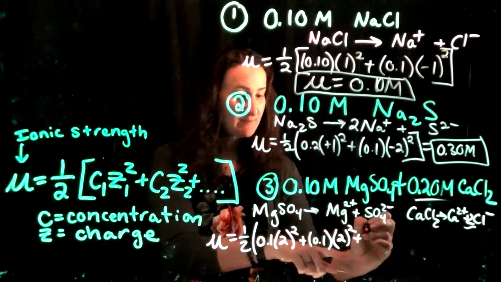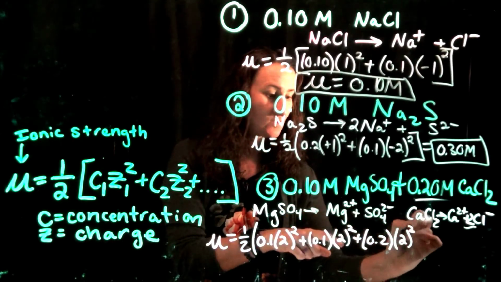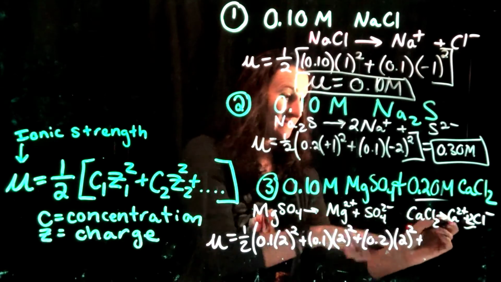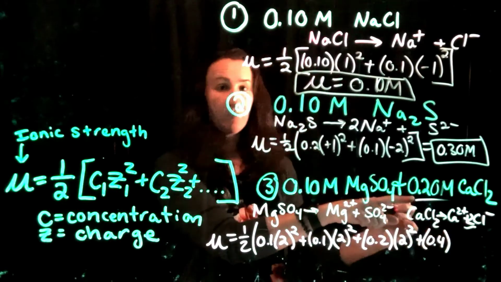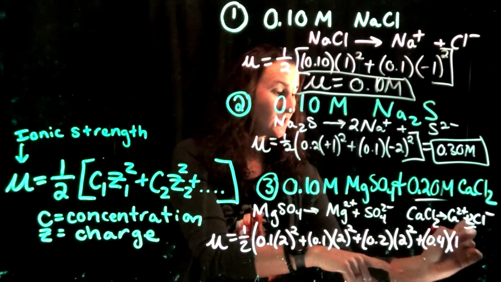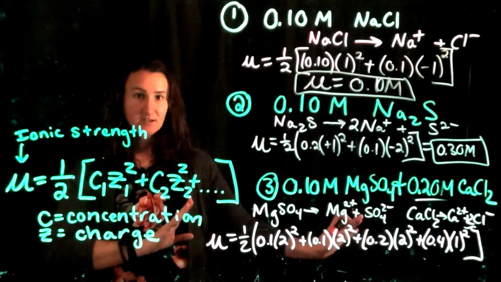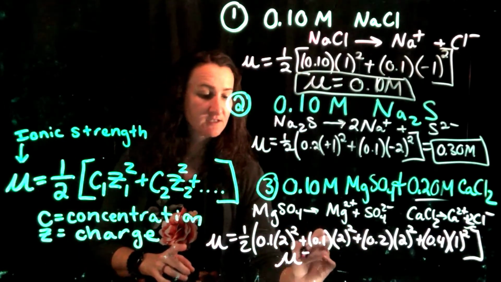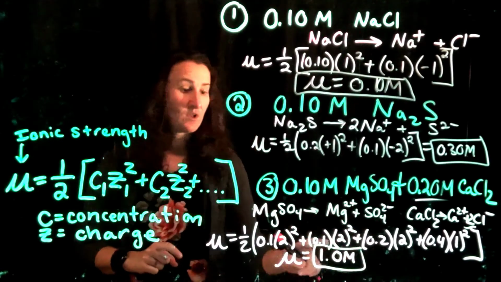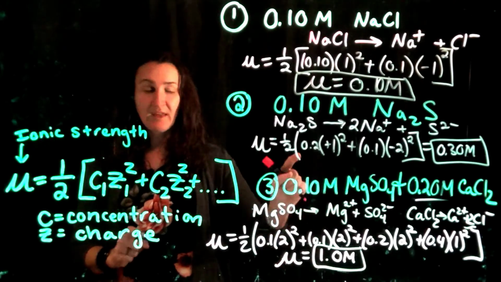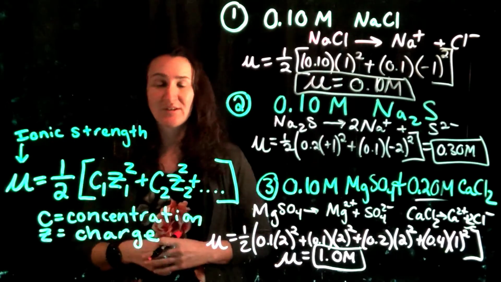Plus my calcium concentration, which is 0.2, times my charge on my calcium, squared, plus my concentration of chloride. Remember, that's 0.4, because it's double my 0.2. And then my charge on chloride is 1, and that is squared. If you put all of that into your calculator, you're going to end up with a final ionic strength equal to 1.0 molar. So a lot larger than the individual entities, but that's because you've got double 2 charges on +2, -2, and then another +2 on your species.